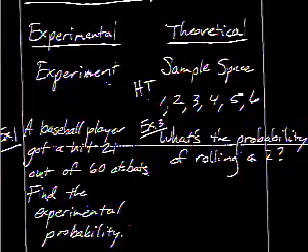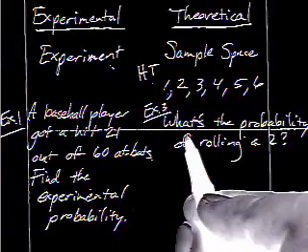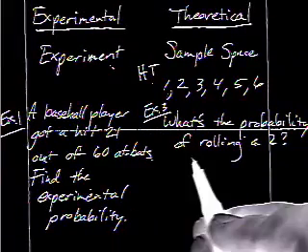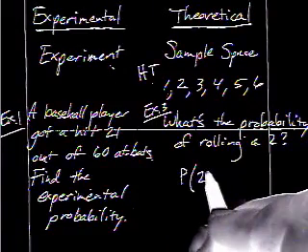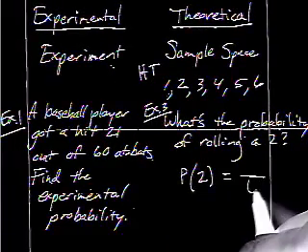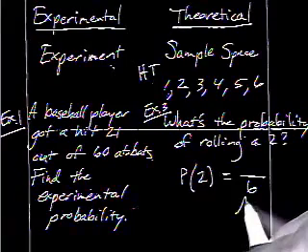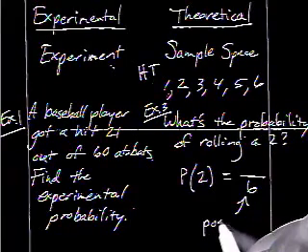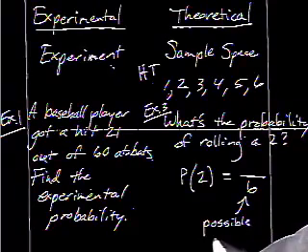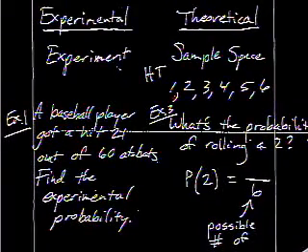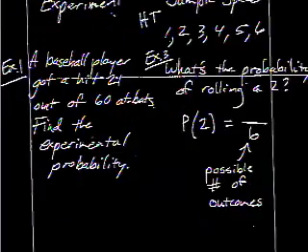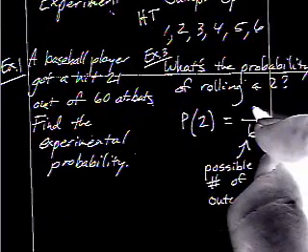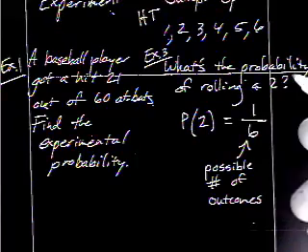For instance, when I ask a probability question like this one, what's the probability of rolling a 2? Well, there are 6 numbers on the number die. Remember, this is the possible number of outcomes. And there's only one 2 on the number die.